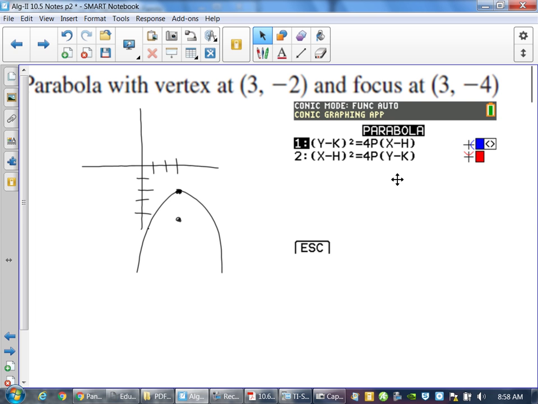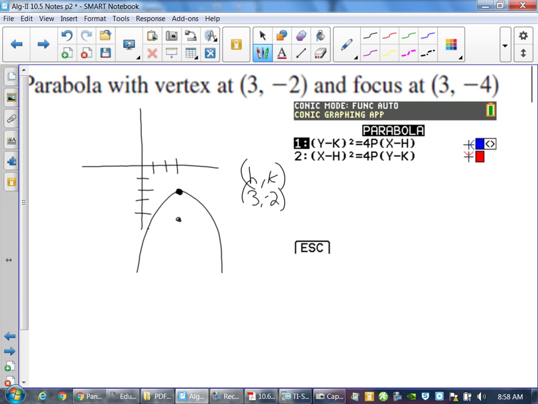So your center, your h and k, is 3 and -2. Your value of p, it looked downward, how far is it from center to focus? 2. So my p-value here is -2, because it's looking down. Okay.